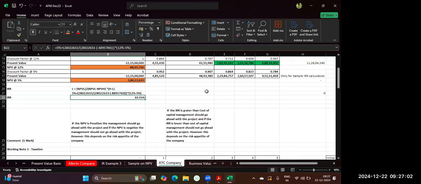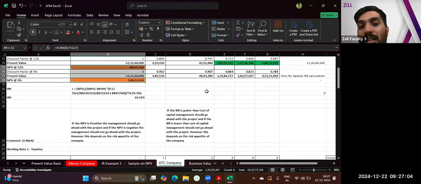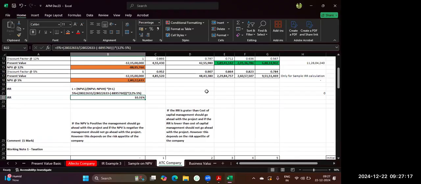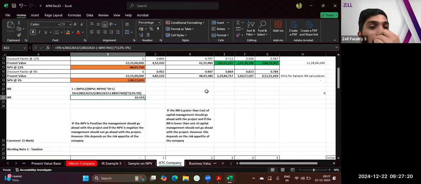Because if in both the cases this happens, it's not that you cannot calculate, it will give you negative returns. If both the NPVs are negative, you'll end up having a negative return in both the cases. Understood? See, it is a mathematical calculation, right? Logically, it's not that you cannot do it. All of these are financial models and assumptions. You can calculate it, but that calculation is irrelevant. You will not use it for any of your decision-making techniques. Clear?